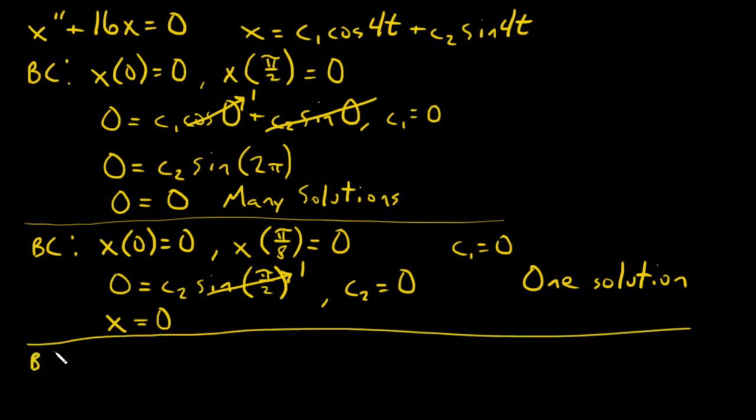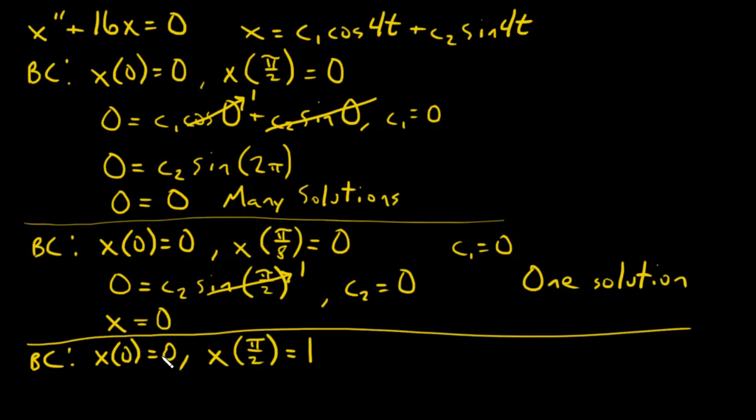Now let's look at the boundary condition of x at 0 equals 0, and x of pi over 2 equals 1. I wind up with my C1 having to be 0 from this one, so I wind up with the same thing.